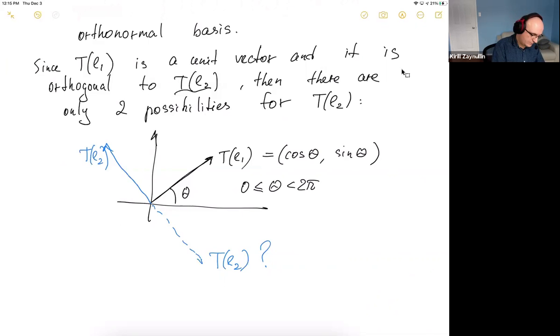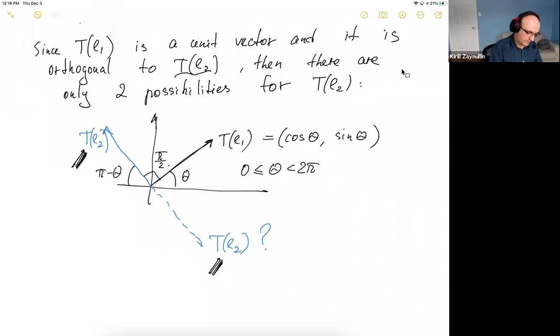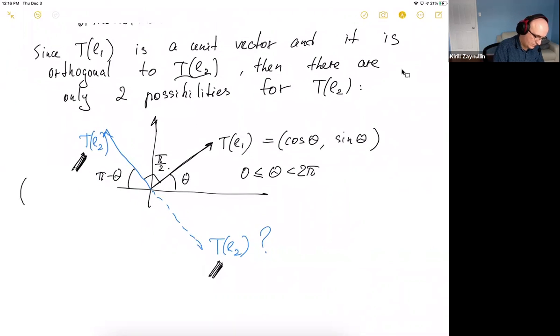Now for these two vectors, there are two options. So what are the coordinates of these? First of all, what is this angle? This angle is pi minus theta, and this angle is clearly pi over 2 because they are orthogonal, so 90 degrees. So what are the coordinates of this one?